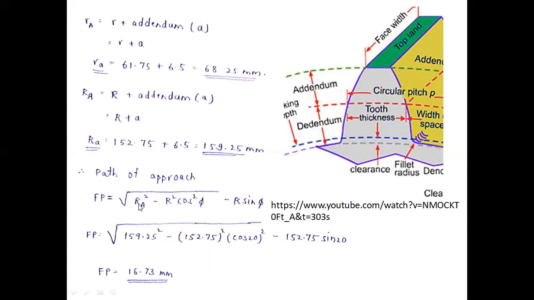I am putting the values of RA, R and pressure angle phi: the square root of 159.25 squared minus R squared cos squared phi, with phi 20 degrees, minus R sin phi. After calculating, we get the path of approach FP equal to 16.73 mm.